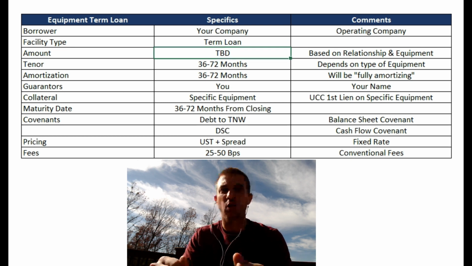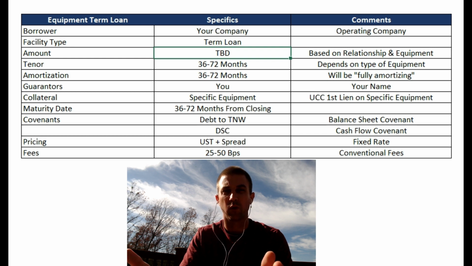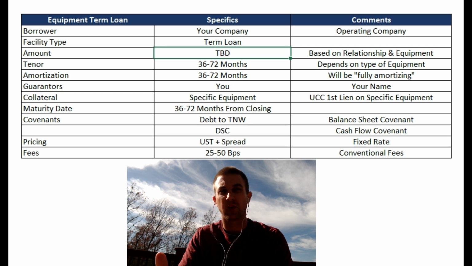Amount. So, what is going to dictate the amount? Your relationship related to your cash flow of the business. What can your business support? That, of course, is going to be one of the qualifiers. But then also, what's going to dictate the amount of the term loan is that particular equipment you're buying, how much it costs, and then how much the bank is willing to advance on that equipment as collateral.